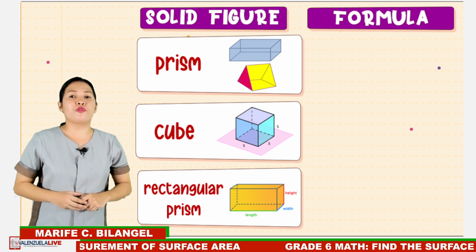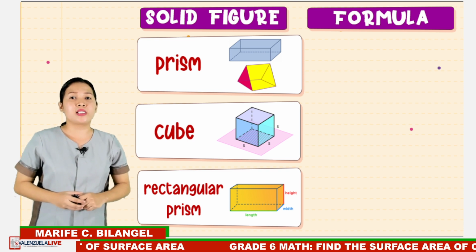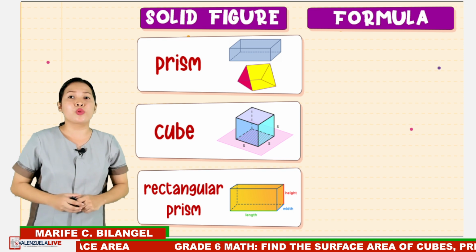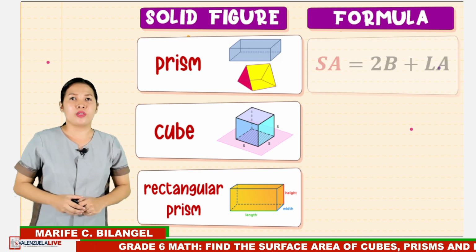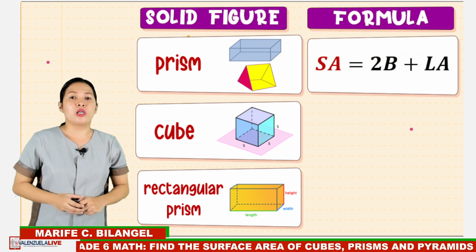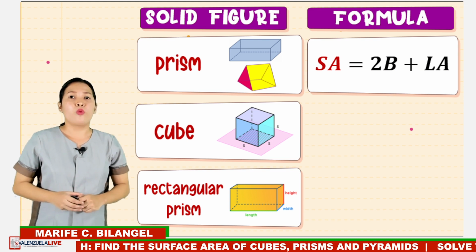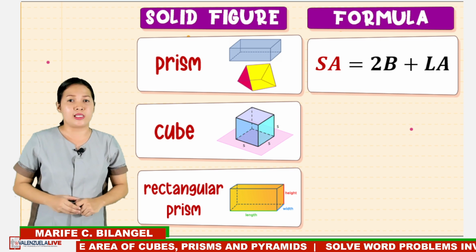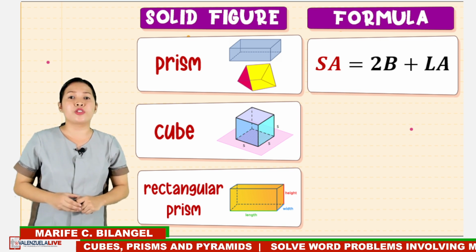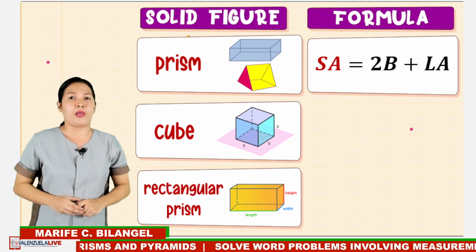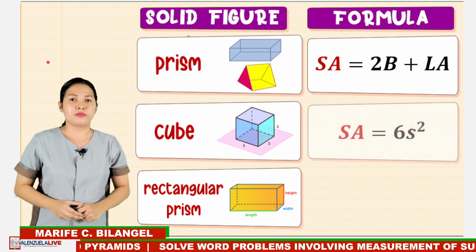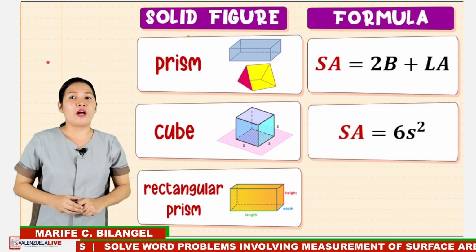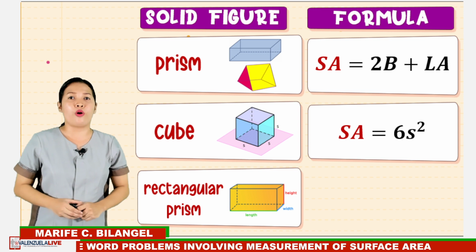To find the surface area of cubes, prisms, and pyramids, we must use the following formulas. For a prism, we use 2B plus LA, wherein B stands for the area of the bases of the prism, and LA stands for the sum of the areas of all the lateral faces of the prism. Next, we have the surface area of a cube.